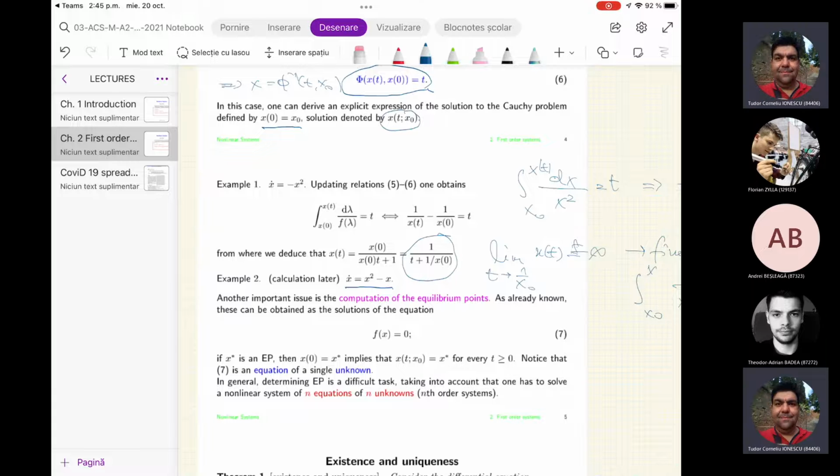However, the equilibria are computed by solving the equation f(x) is 0. This is how to determine the equilibrium point. Now, if x star is an equilibrium point, so if x star is a solution of the equation f(x) equals 0, then x(t) with x0 equal to x star stays at x star for all t. This describes a full trajectory, a constant trajectory.